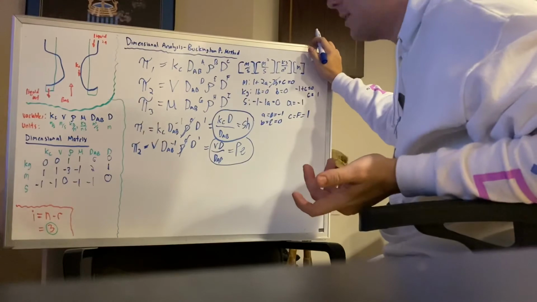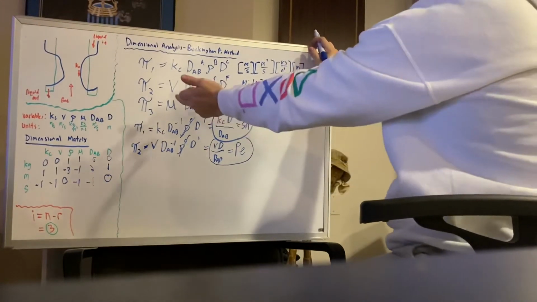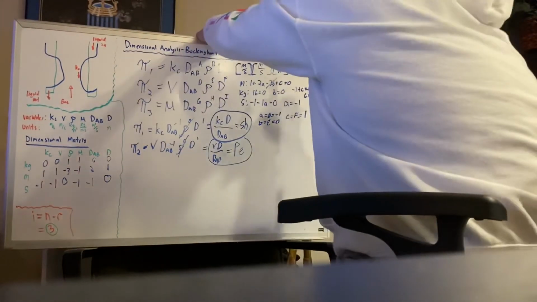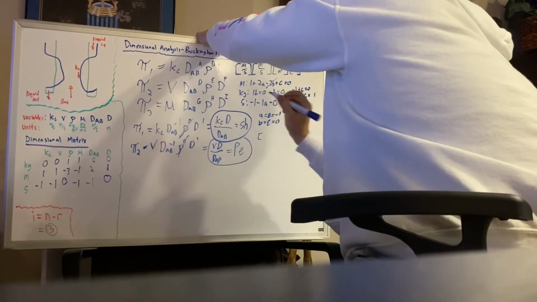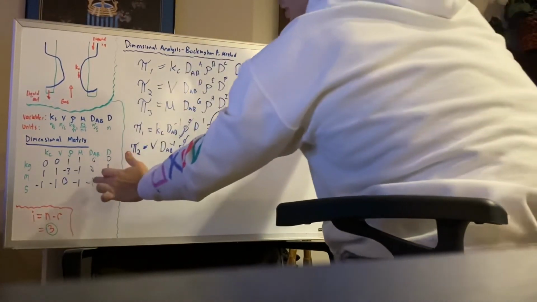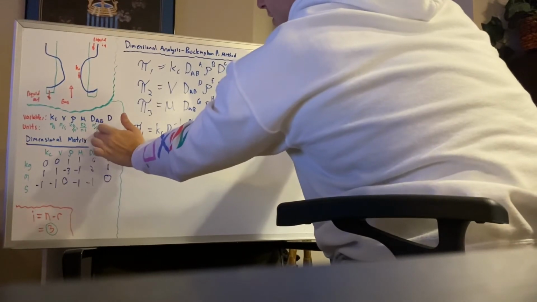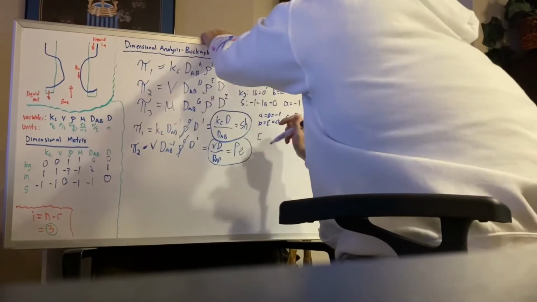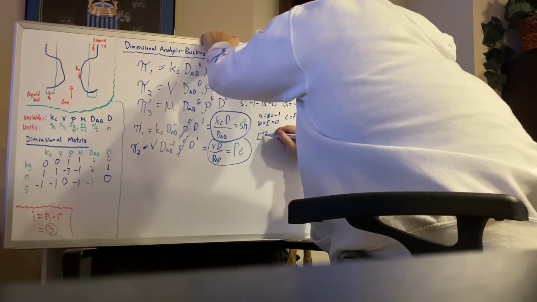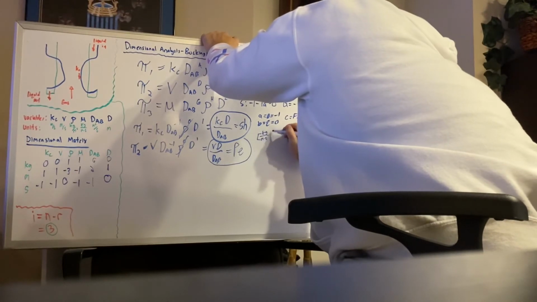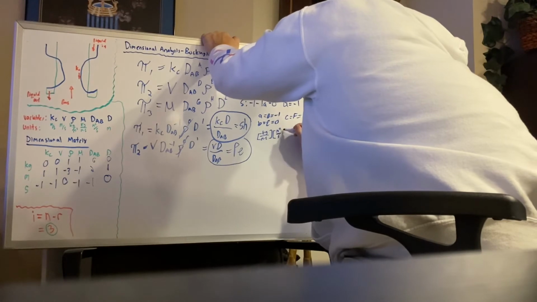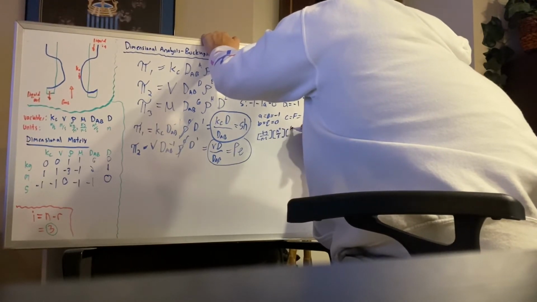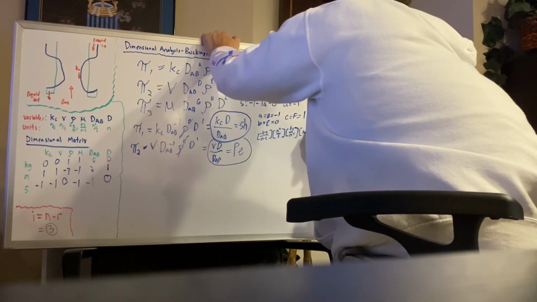The last thing we got to do is really just do the exact same thing for pi3. And so pi3, we'll write this out right here just to make it a little easier, which is viscosity. So viscosity, once again, is kilogram over meters second, which will be here. Then we have meters squared per second again, kilogram per meters cubed again, and meters.